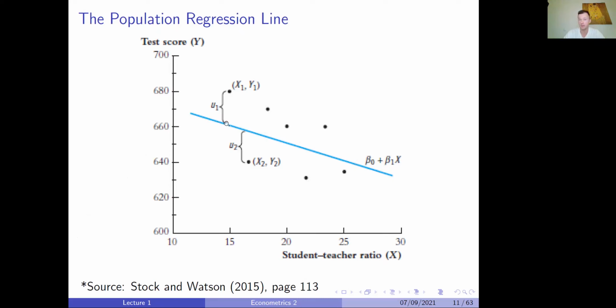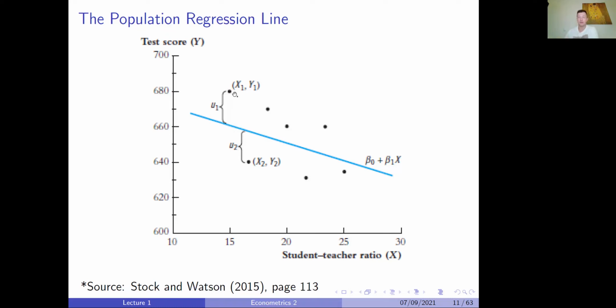So if a student-teacher ratio is 15, for example, I expect the most likely test score to be something like 660. But in this particular district, district number 1, students have a higher test score, 680. Why?